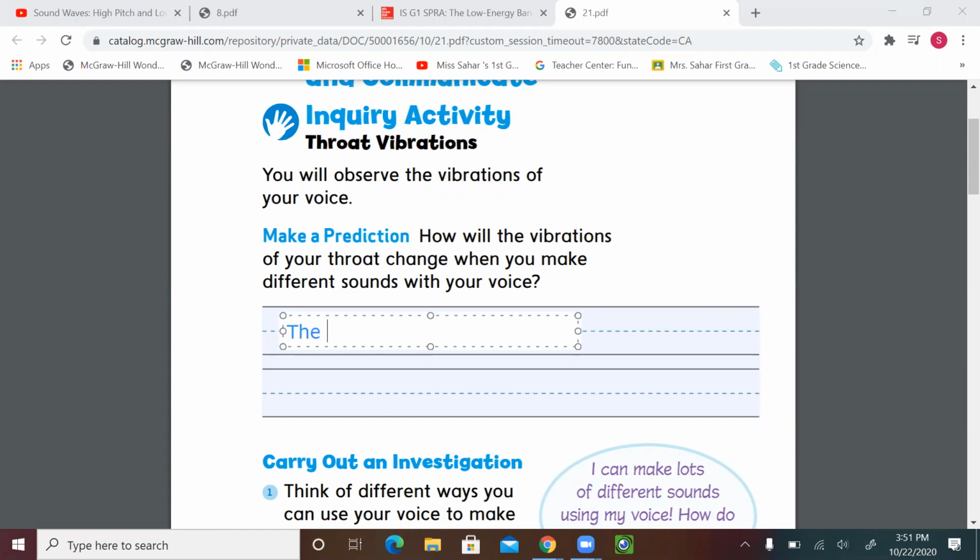So the vibrations will be stronger, of course, if you make a loud noise or if you shout. But what will happen if you whisper or if you lower your voice? It's going to be weaker. The vibration will be weaker if you just whisper.